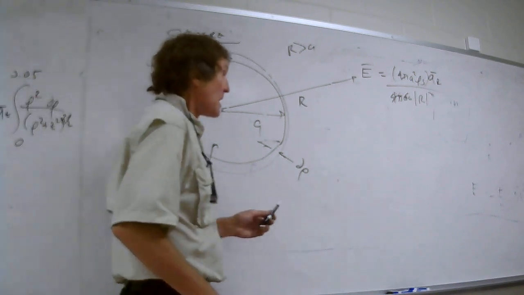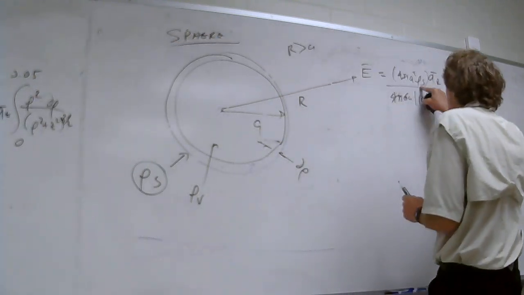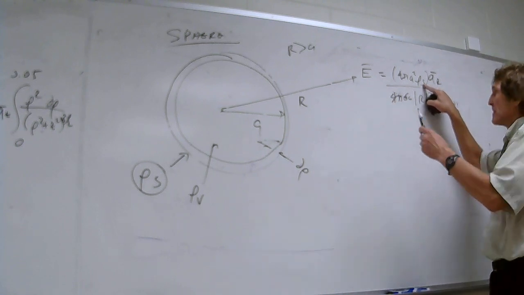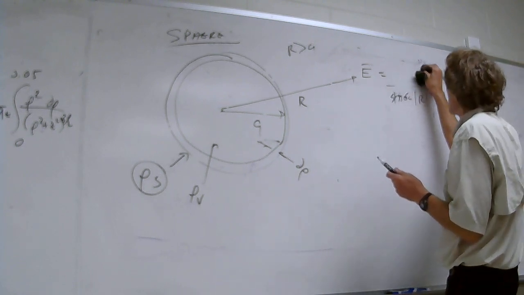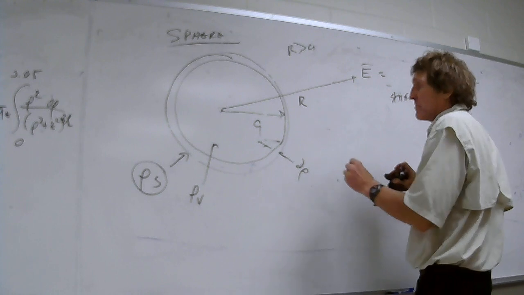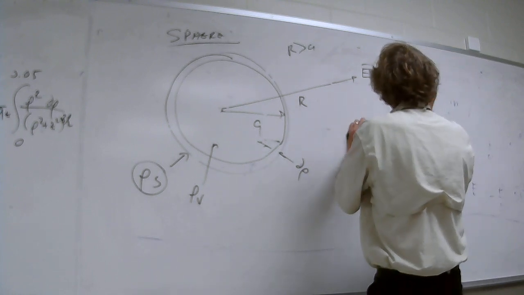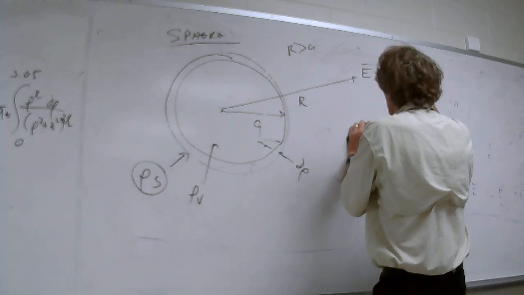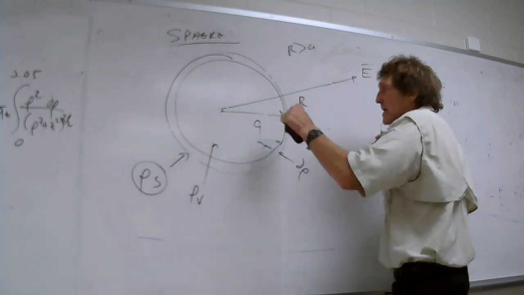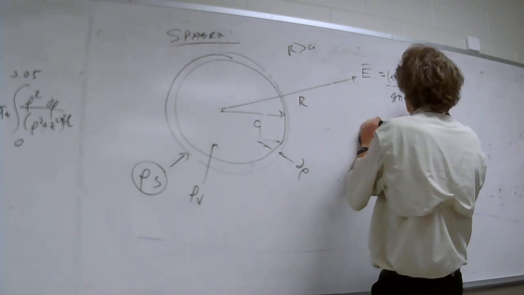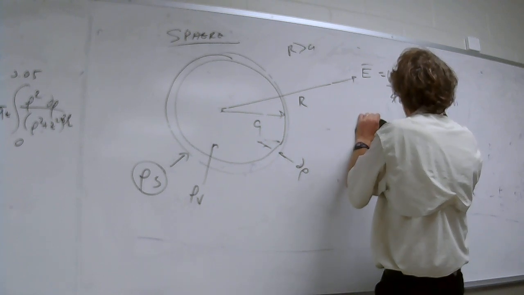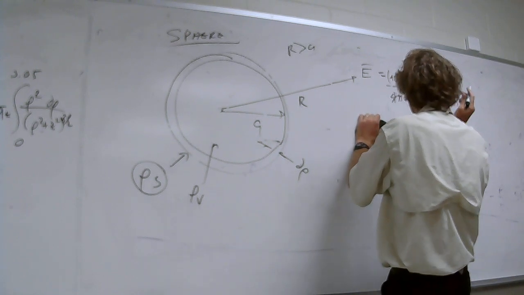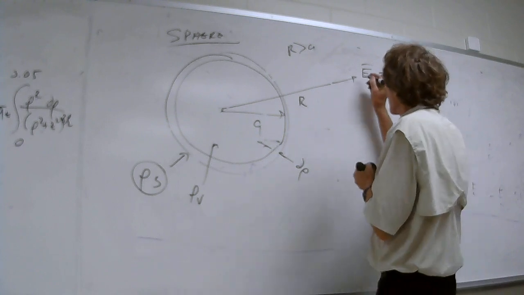Now the charge would become 4 pi r squared, that's the surface area, times dr, and then times the volume charge density, and this would be the differential electric field.